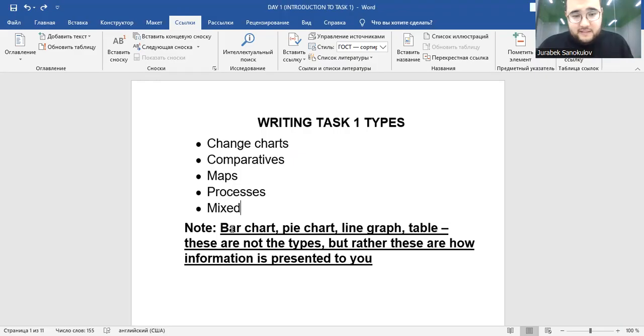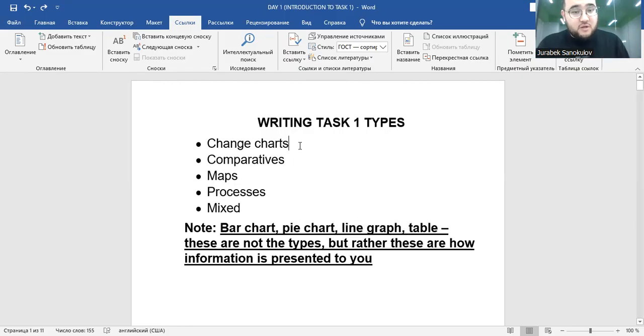So basically, we're not going to learn how to describe bar charts because we don't have specific language, let's just say words and phrases and sentences that are suitable only for bar charts. And we're not going to learn the other types as well.